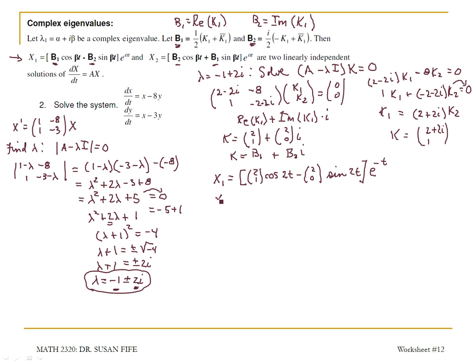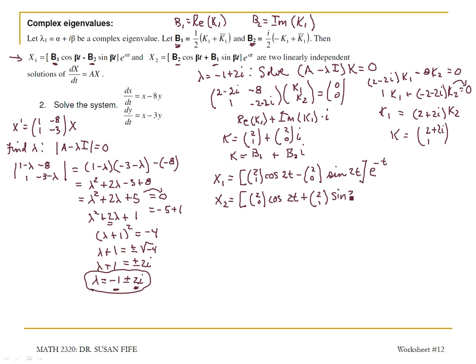And my second solution is B2 cosine beta t. B2 is this vector 2, 0, cosine 2t plus B1 sine beta t. B1 is the vector 2, 1.